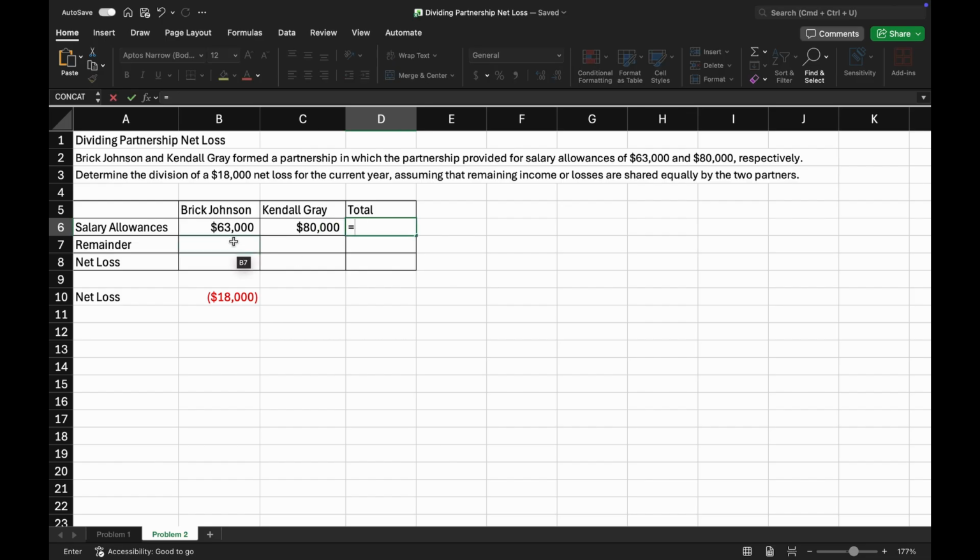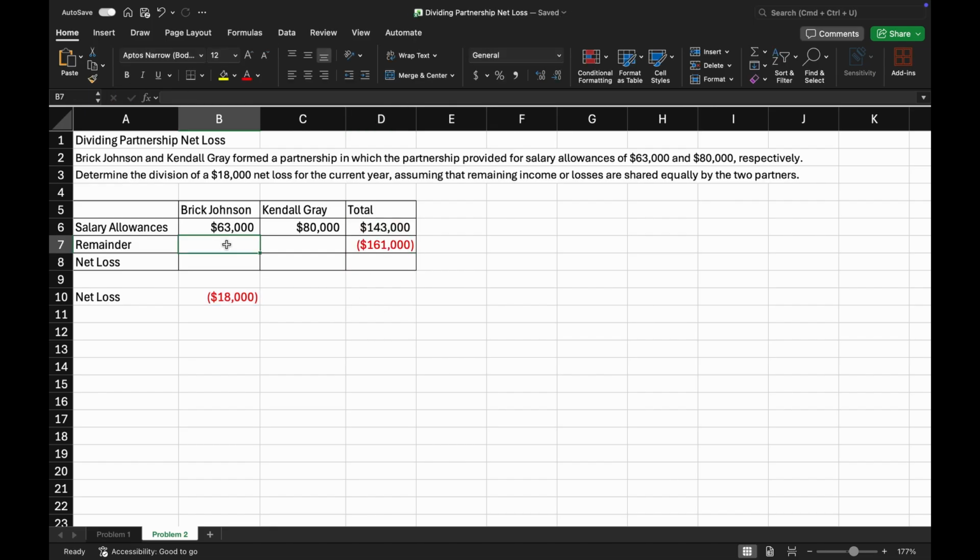We total that up, $63,000 plus $80,000, and get a total salary allowance of $143,000. Next, finding the total loss, we do negative $18,000 minus $143,000, which comes out to a total loss of $161,000.